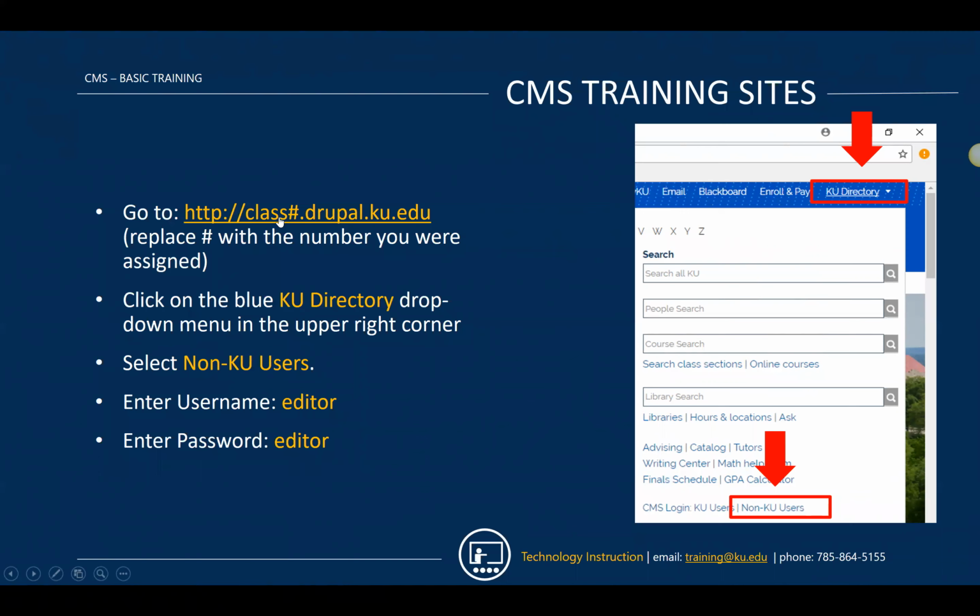And what you'll do is we'll use this address to go to our training site. You're going to replace this hashtag with the number that I give you. And then when you get there, the username and password you can use to sign in is editor. So I'll leave this up just for a second while I'm giving numbers out, so you can just write this down if you're not going to be able to see it on the screen.